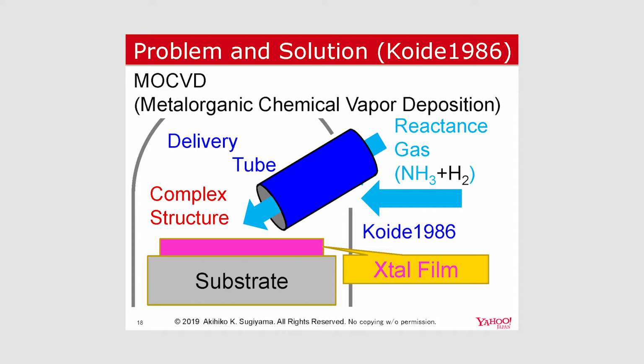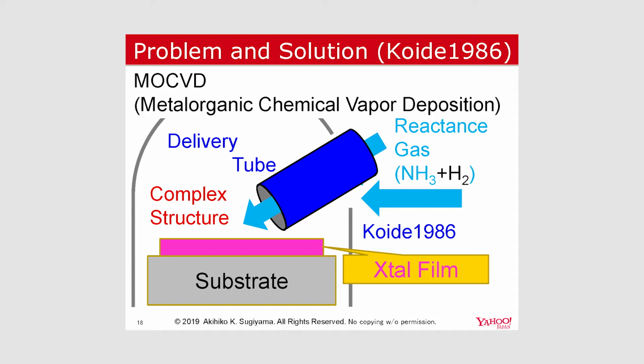In this case, it's niobate and helium niobate reactant gas into this reactor. And this gas is supposed to touch the substrate to grow a crystal film here.